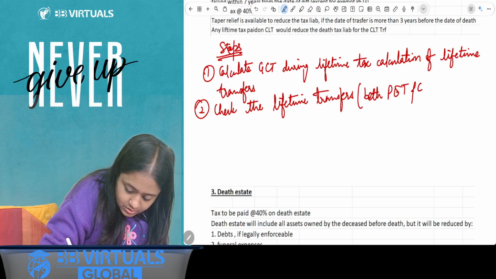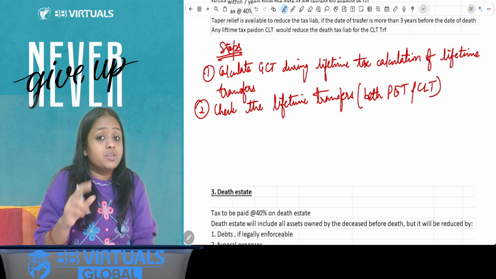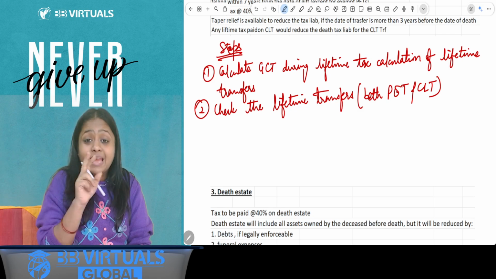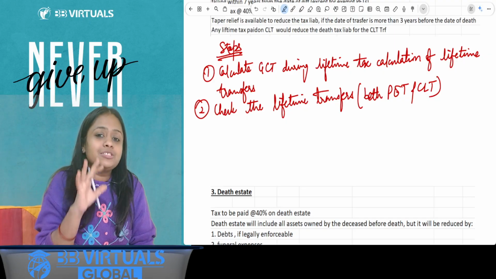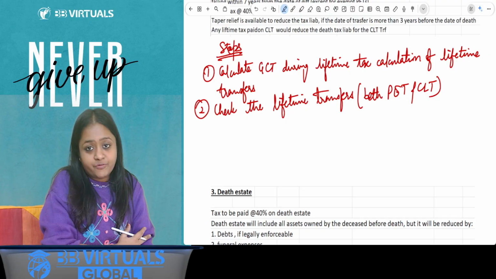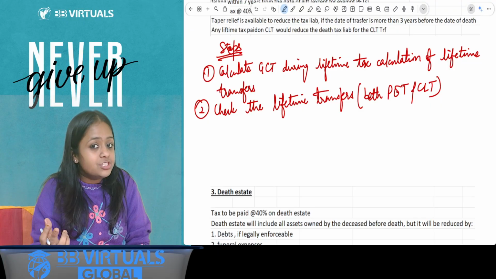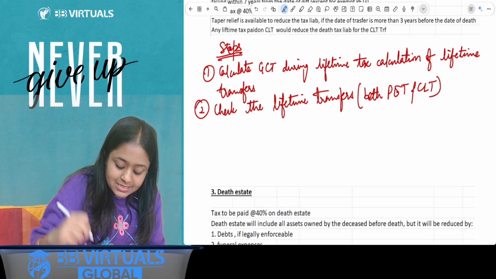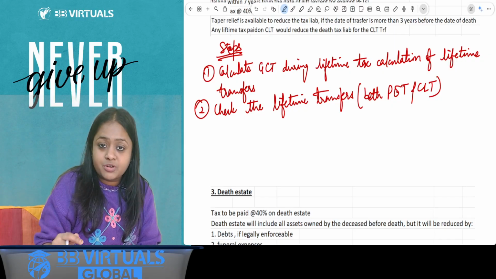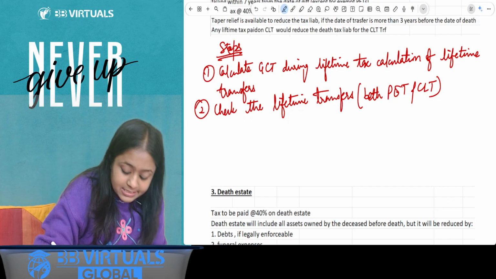Here there is no differentiation because PET can also become taxable. Hence we call it potentially exempt transfers, because although these transfers are exempt while we calculate lifetime tax, they have a potential to be taxable when we calculate death tax. So both PETs and CLTs, check the lifetime transfers.